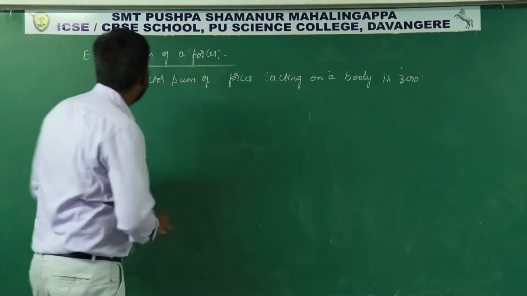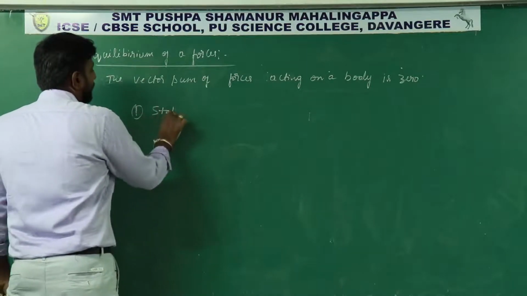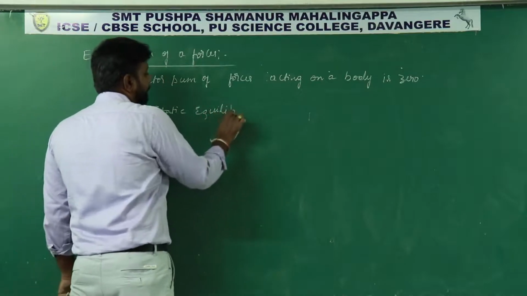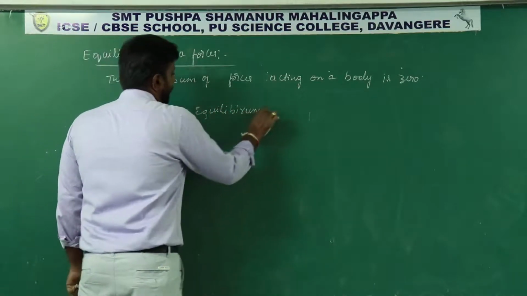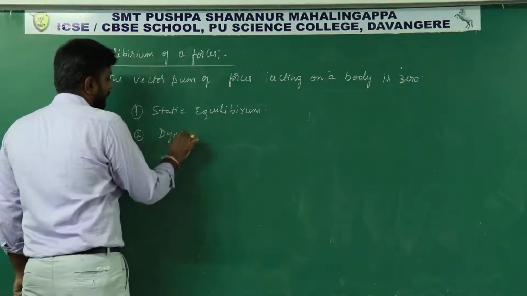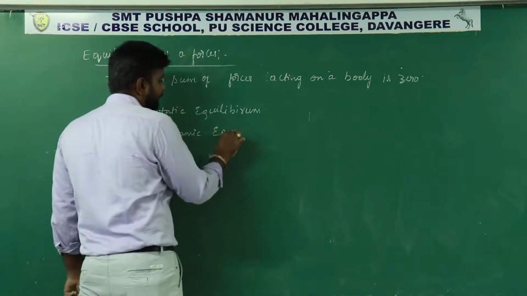Okay, two types of equilibrium will come. One is static equilibrium and another one is dynamic equilibrium.